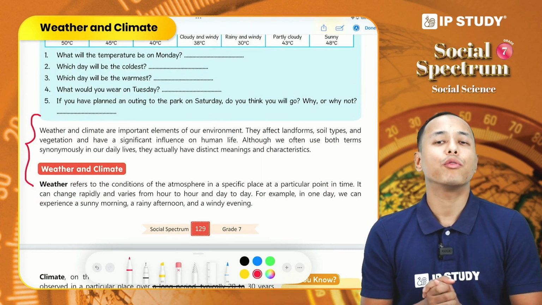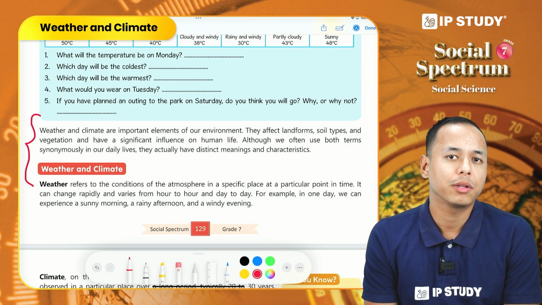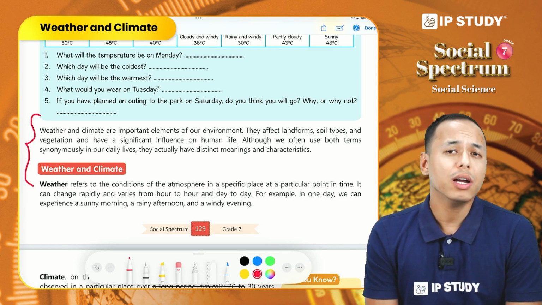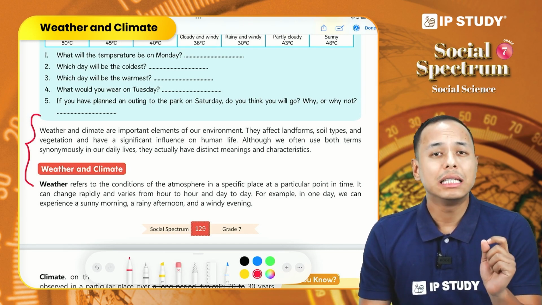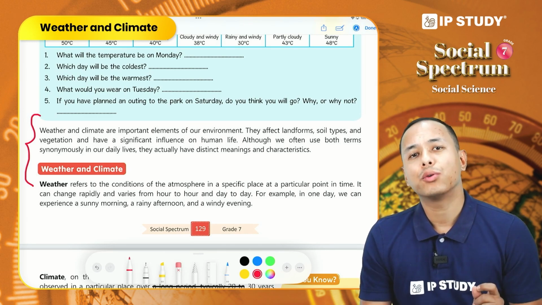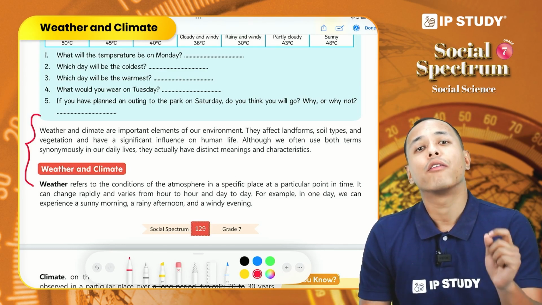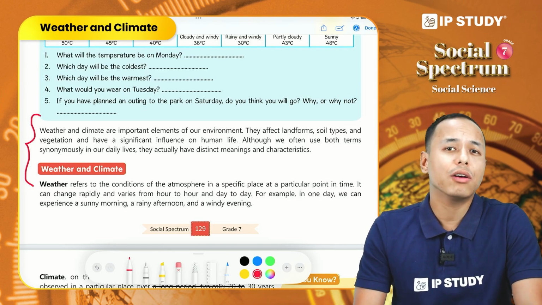So what do we mean by weather or climate? Weather and climate are two important elements of our environment. These two play an important role and also have influence on the landforms, vegetation, wildlife, and also on the lifestyle of humans.